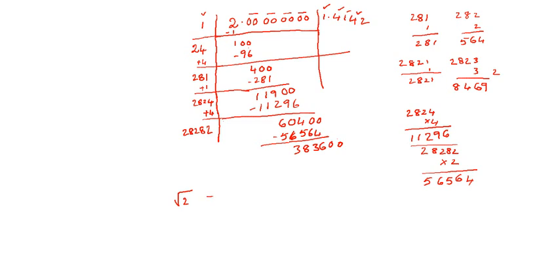Square root value is 1.4142135, etc. We may get like this. Then what do you observe in the square root value?